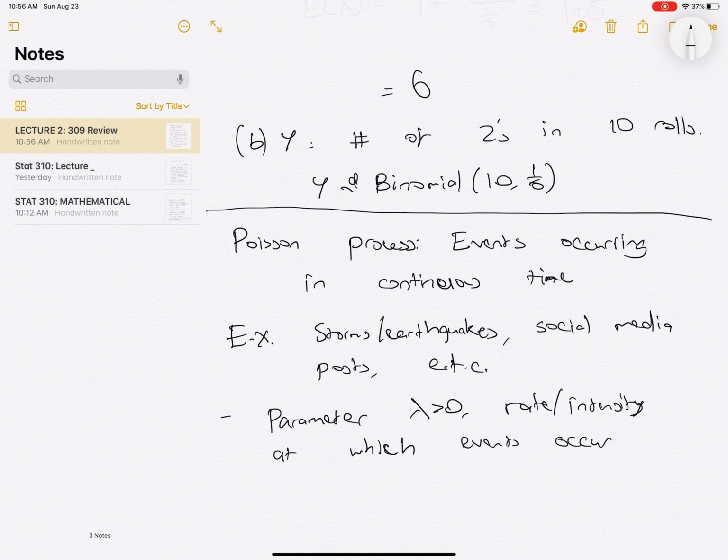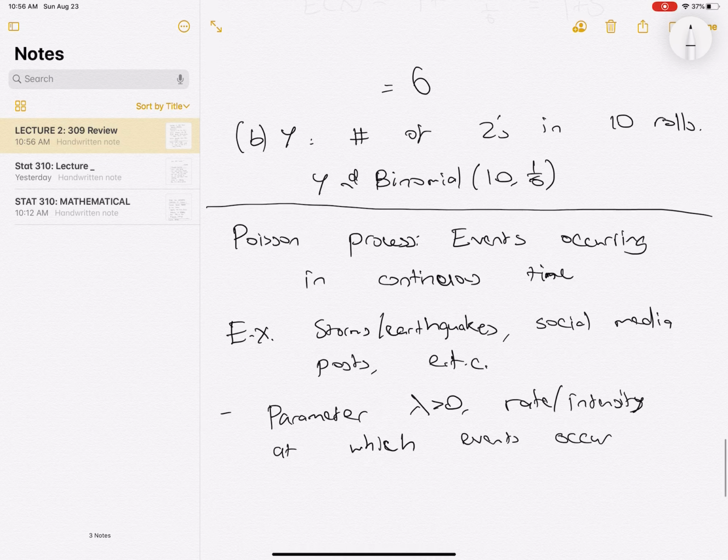Okay, and so what you can think about this is over a unit time interval, which for storms or earthquakes may be a year. For social media posts, maybe it's a day, maybe it's a week, depending on how active a user you are. This is really the number of events that occur over a unit time interval.